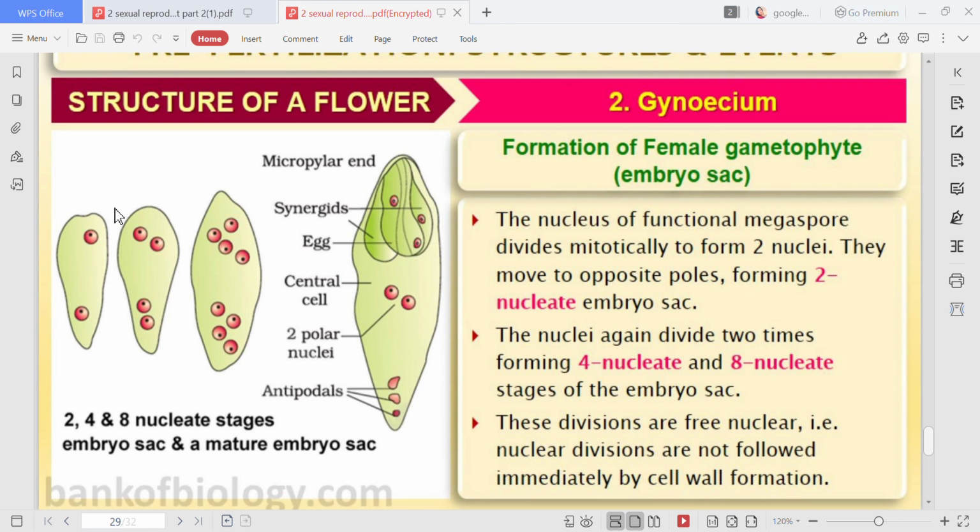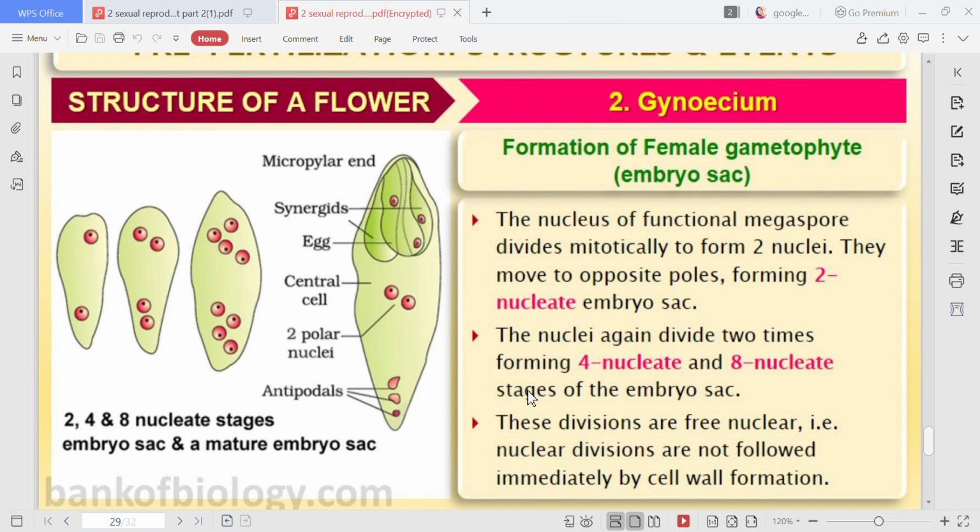There is only one single megaspore, but the nucleus has divided into 2. These 2 nuclei move to opposite poles, one towards one pole and the other to the other pole, and a 2-nucleate embryo sac is formed.